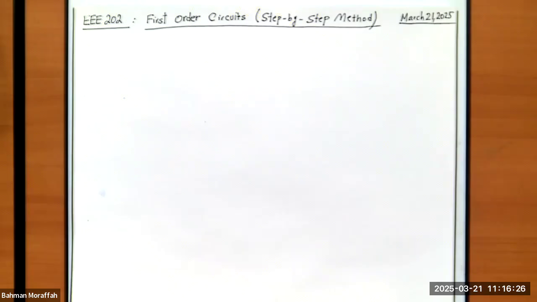The solution always is exponential as long as the sources in the circuit are constant sources. So I know the solution is always some constant k1 plus some constant k2 times e to the power of minus t over tau, right? Where tau was our time constant. So it did not really matter what we were solving for. The solution always looked like an exponential as long as we had a constant source in the circuit.